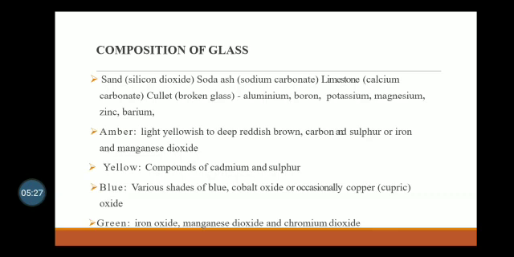Then amber: light yellowish to deep reddish brown, carbon and sulfur or iron and manganese dioxide. Then yellow: compounds of cadmium and sulfur. Blue: various shades of blue, cobalt oxide or occasionally copper, that is cupric oxide. Green: iron oxide, manganese dioxide and chromium dioxide.